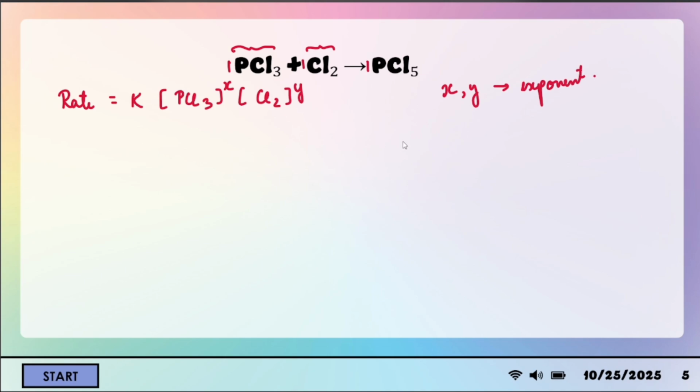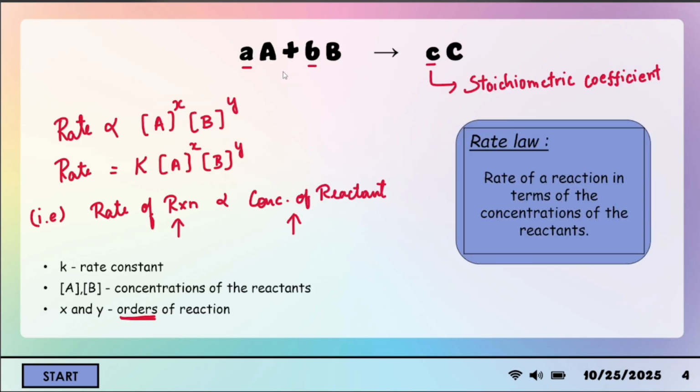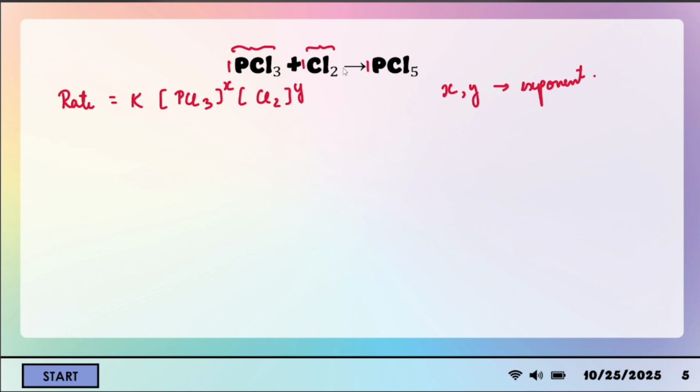So if we compare this with the previous equation, here a, b, c are the stoichiometric coefficients. And here the stoichiometric coefficient is 1. Everything has 1. So in some cases, the stoichiometric coefficient will be equal to the power. Okay, it will be equal to the power, that is the X and Y. So what will be the rate of this reaction then?